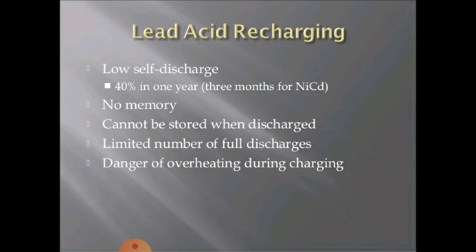Once it is completely discharged, it should not be kept for a longer duration; it has to be recharged. There are a limited number of full discharges, and after some full discharges it has to be thrown away, because the electrolytes and the cells may get depleted. There is also a danger of overheating during charging.